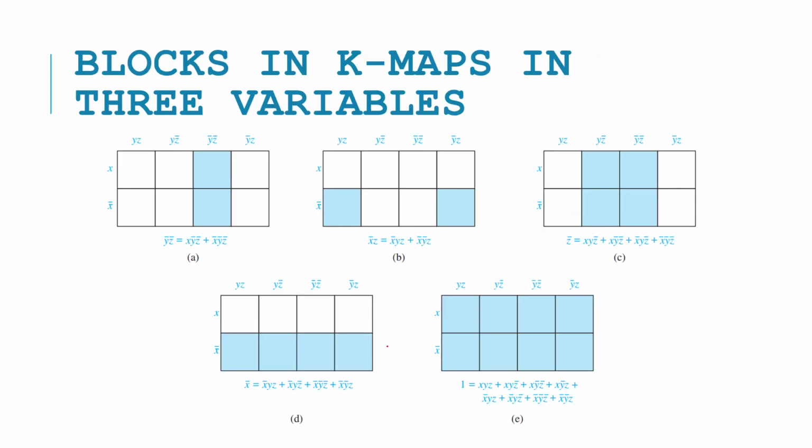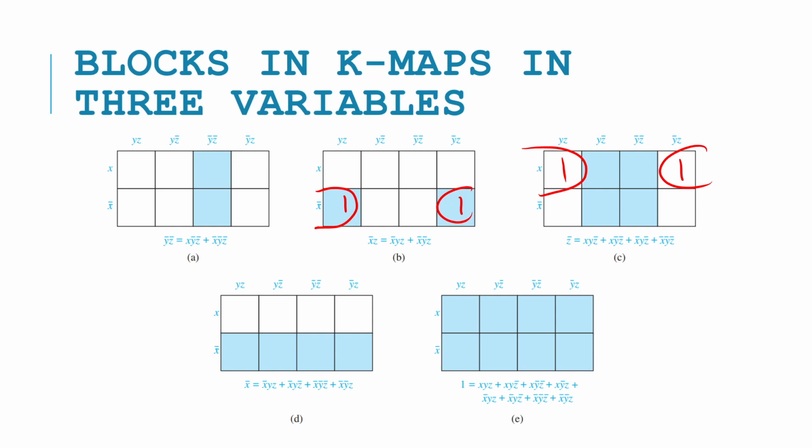Now here are blocks in K-maps, or the groups of 1 that we could make. If we have a 1 for the corner, then this is already one group. If we have, say, a 1 here and a 1 here, that is also one block in K-map that we could make because it's adjacent.